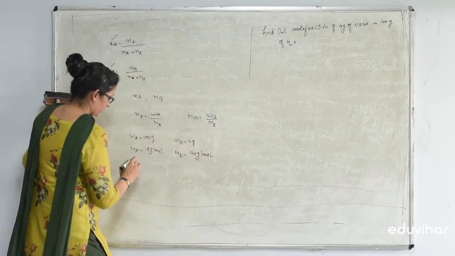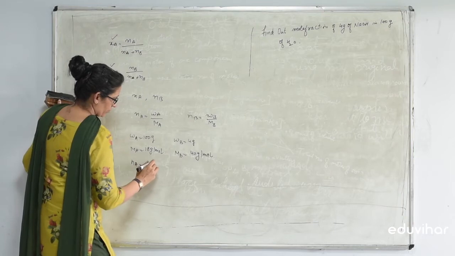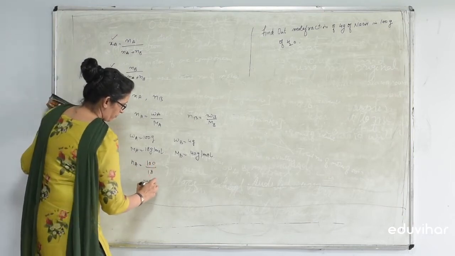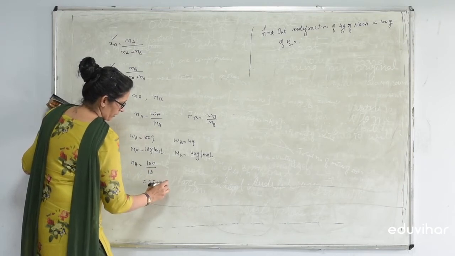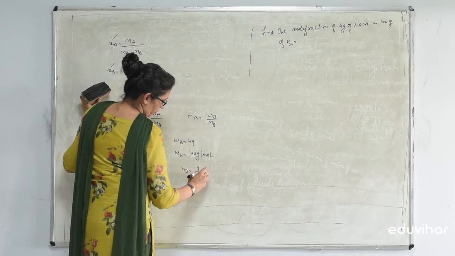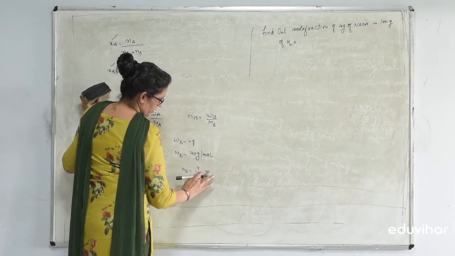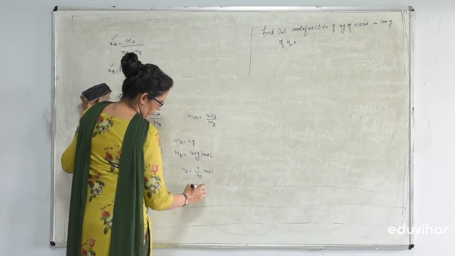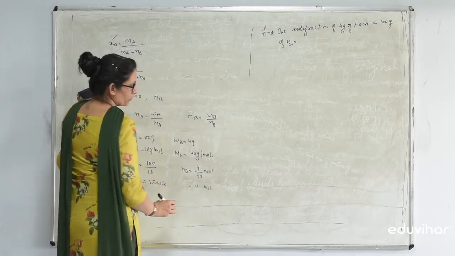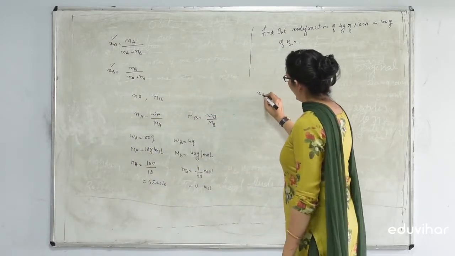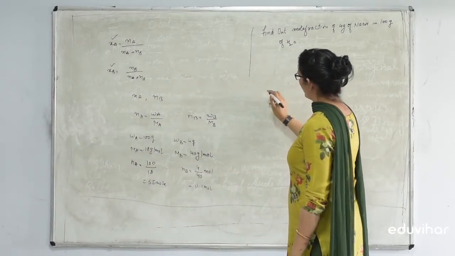So from this data, Na is equal to 100 by 18, that is equal to 5.5 mole. Nb is equal to 4 by 40 moles, that is equal to 0.1 mole. Now we have to find out XA.